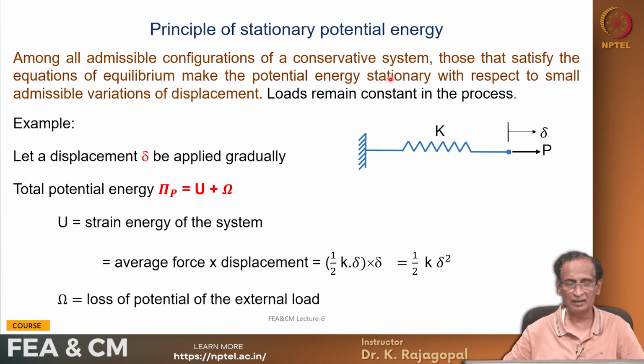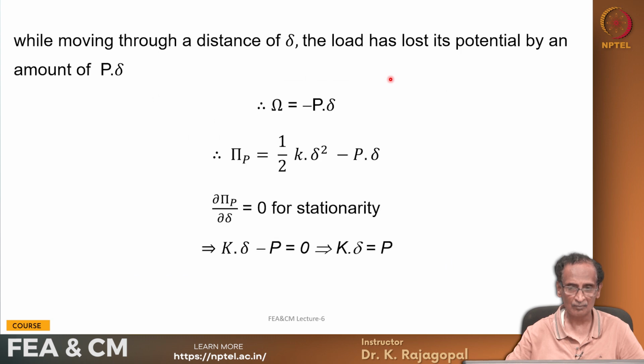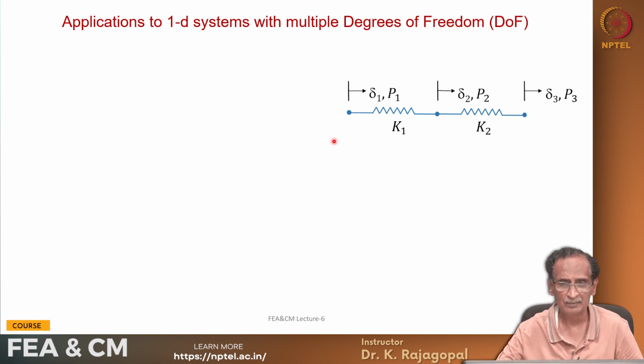So, the potential energy, if it remains stationary, then we can say that the system is in equilibrium or stationary. Okay? So, we can apply this for all our problems, whatever we have come across, and let us apply that to a multi-degree of freedom system.